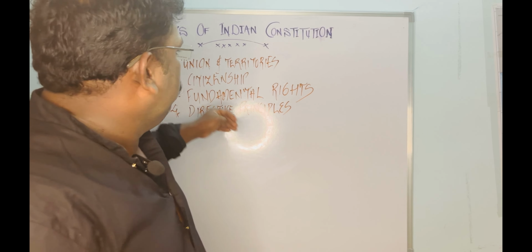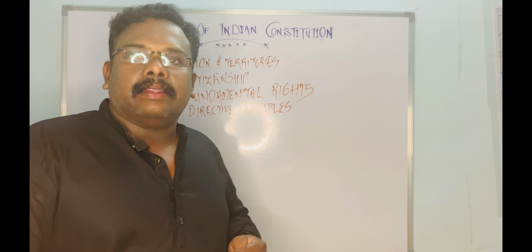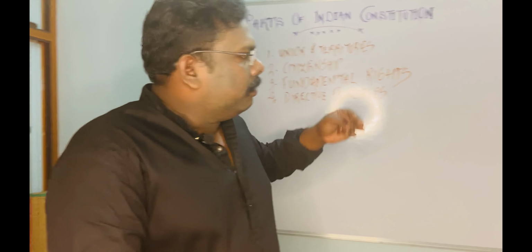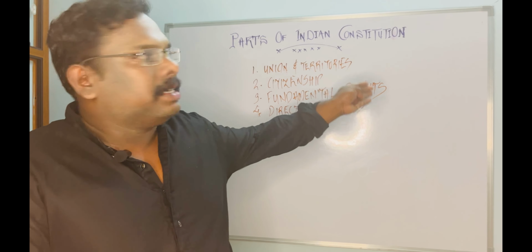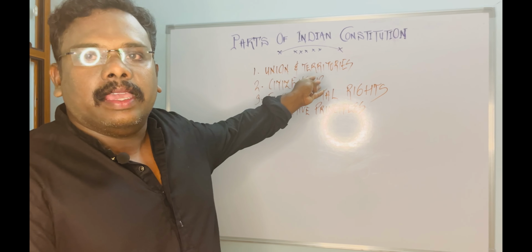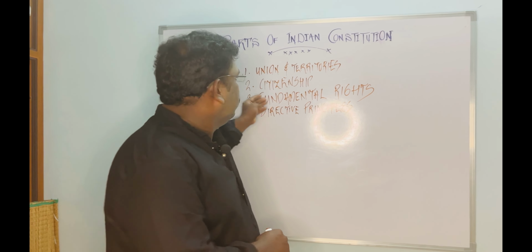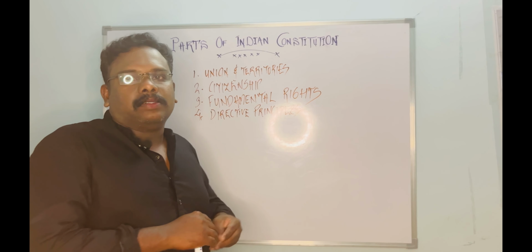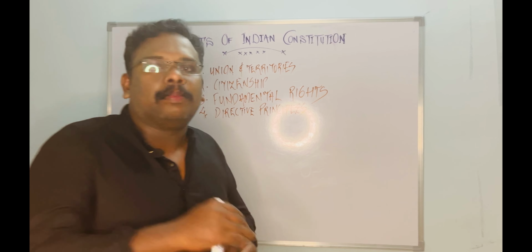If we change the numbering of the present parts, what will happen? Everything will get changed because articles are arranged in various parts. So if we change the numbers, literally we have to change the entire constitution. That is practically not possible.